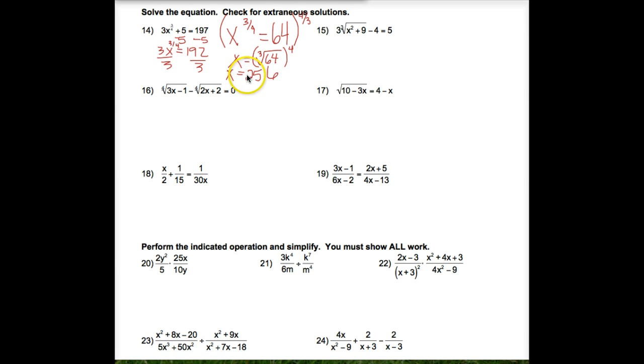Now you have to check for extraneous solutions, so just double check. If I take the 4th root of 256 to the 3rd power, so 4th root of 256 is 4, to the 3rd power is 64. So 3 times 64 is 192, plus 5 is 197.